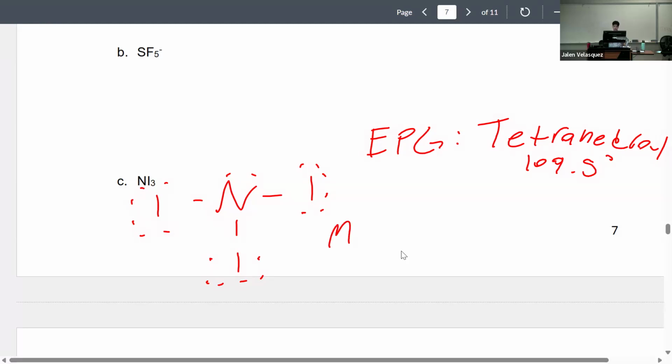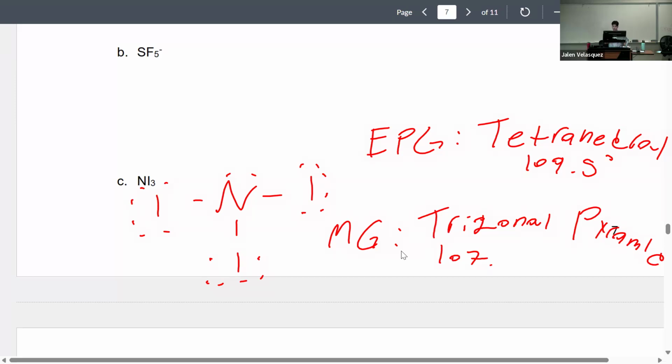And what is the molecular geometry? Good, this is trigonal pyramidal. And trigonal pyramidal, this is one of the two molecular geometry angles you must know. So what is the angle here? Good, 107.5.